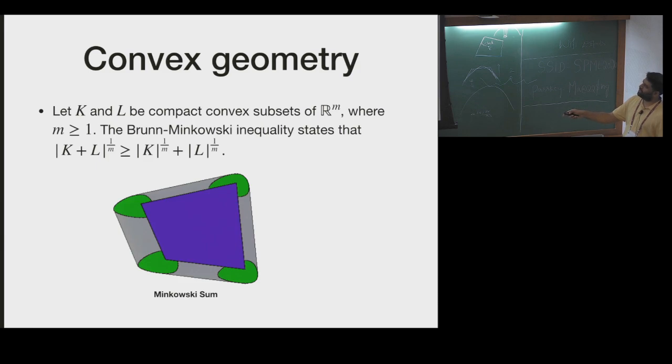This gray, green and purple region consists of points which can be expressed as the sum of a point in this purple thing and a point in this green thing. So basically it's the set of all points of the form x plus y, where x belongs to K and y belongs to L. The Minkowski inequality says that if you raise the volume to the power 1 by m, m being the dimension of K and L, then this inequality holds.